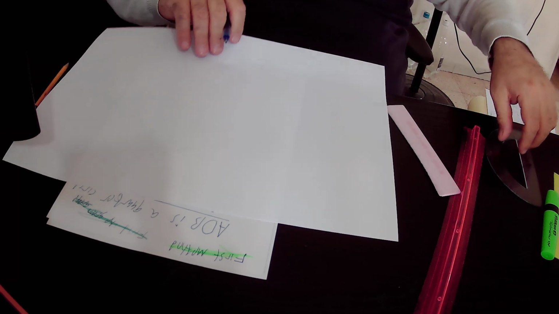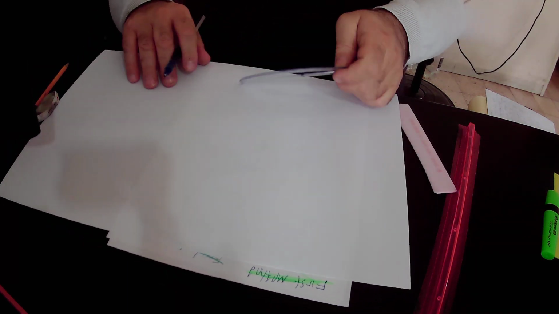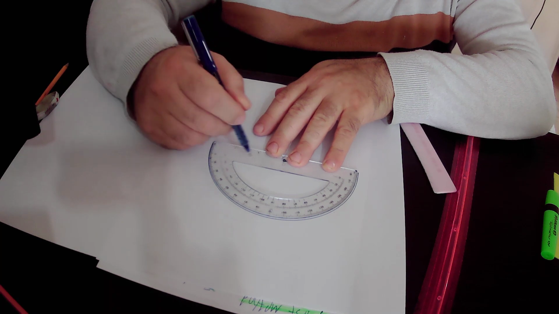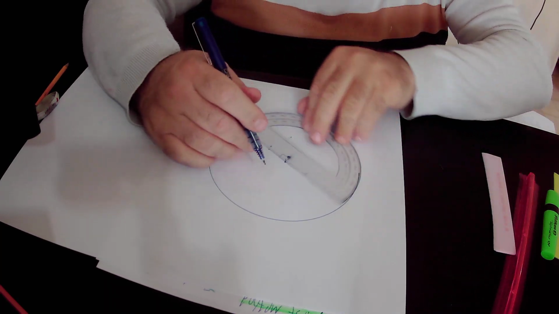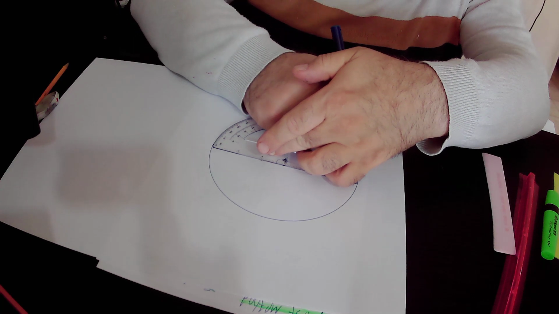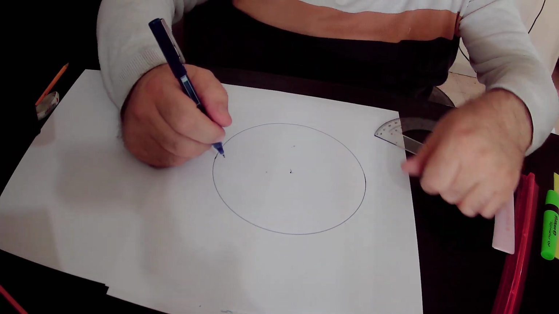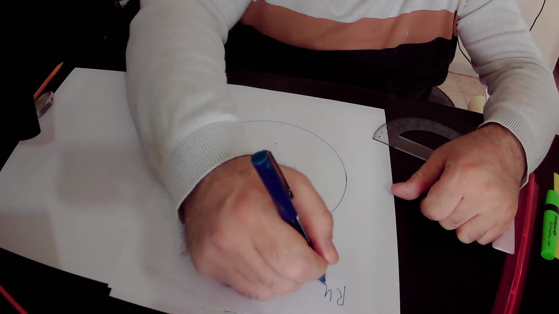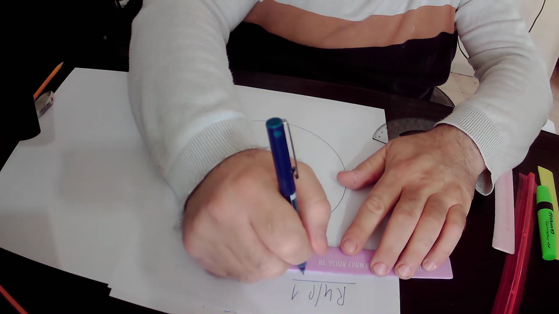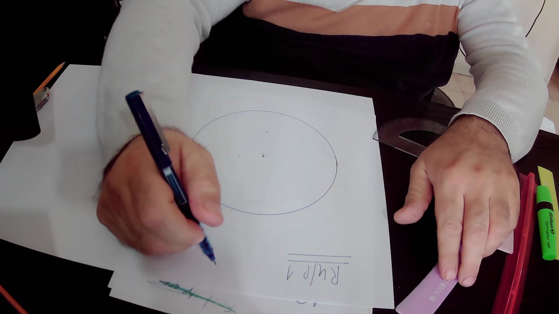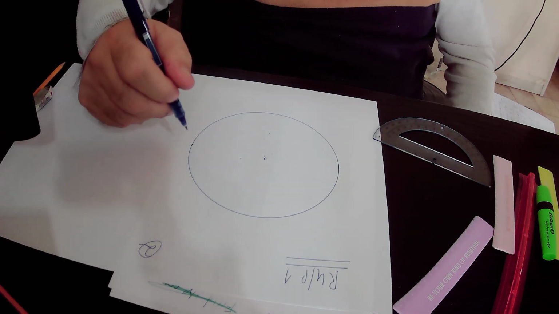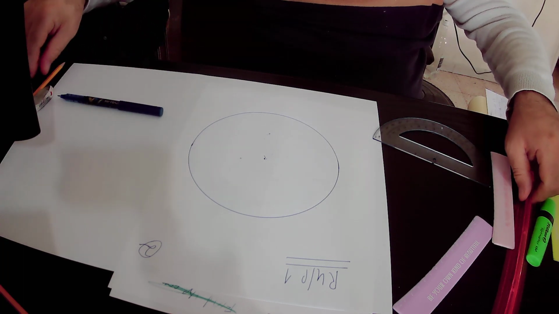So we have this circle, and here we have chord AB. This is chord AB.